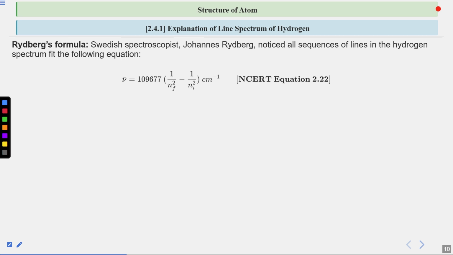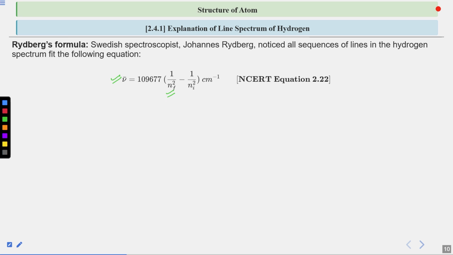We can calculate the wave number of the electromagnetic radiation that we got using this formula, where nf is the final state. Suppose we are talking about Balmer. In Balmer, every electron was coming onto 2.